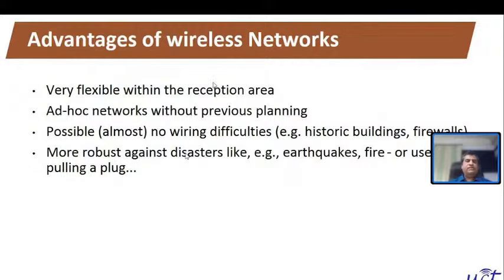If you are scaling up with a wireless solution, it is very easy to deploy. Then we can have an ad hoc network without previous planning. No wiring difficulties. Generally, with wiring, we have to take care of historical buildings, firewalls, these kinds of things. And wireless networks are very robust against disasters like earthquake, fire, or anything.